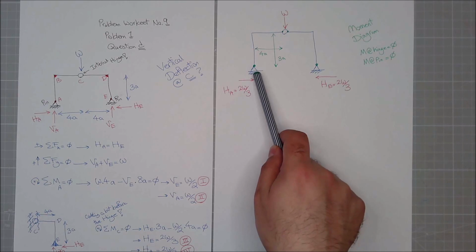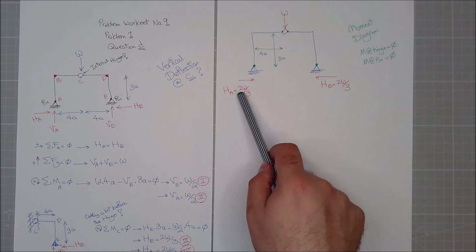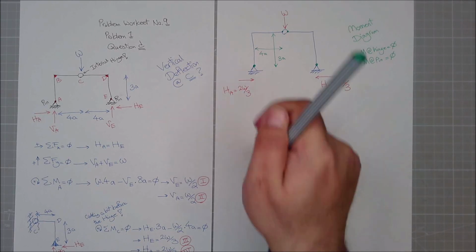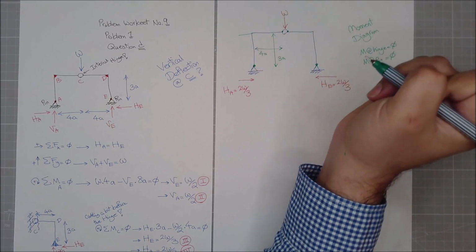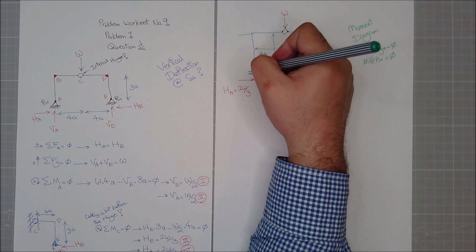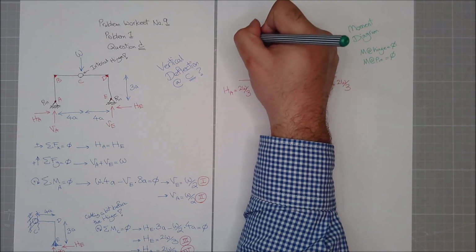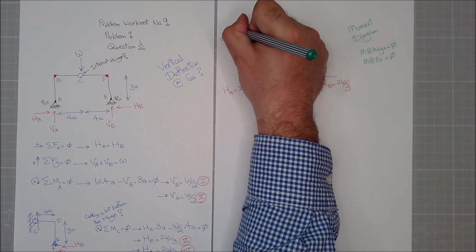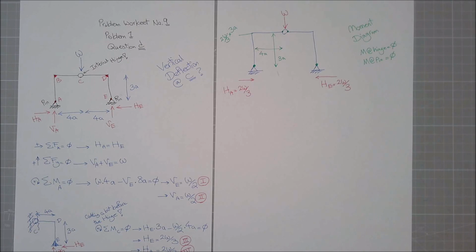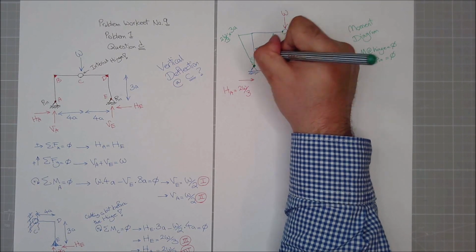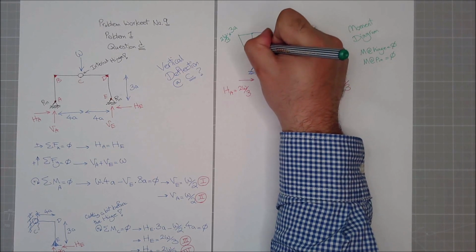If this times its perpendicular distance is 3A times 2W divided by 3, I can simply draw this. And why am I drawing it outside? Because we just saw the deflection. It was outside as tension. So it will be 2W divided by 3 times its distance 3A. So this will be my moment diagram.